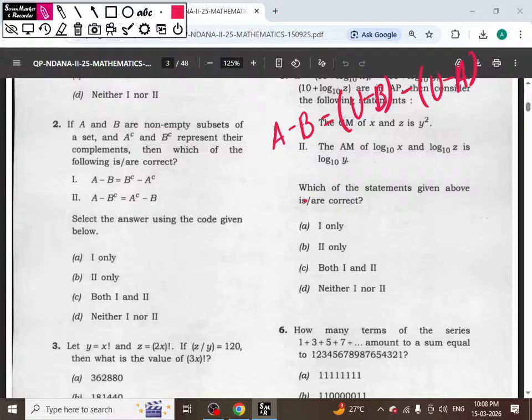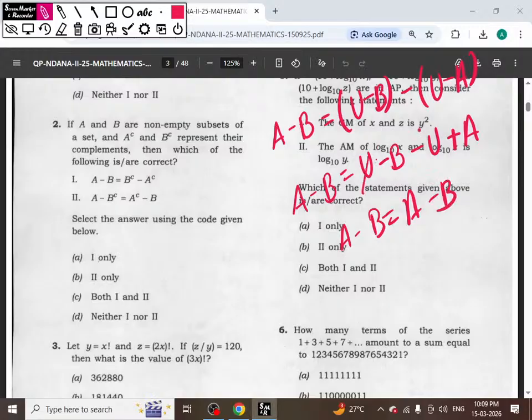So A minus B equals U minus B minus U plus A. It simply becomes A minus B equals A minus B. So it is correct. The first one is correct.